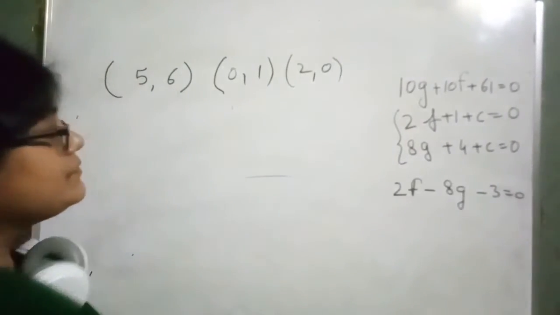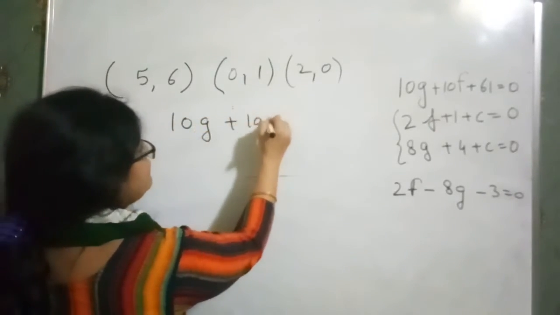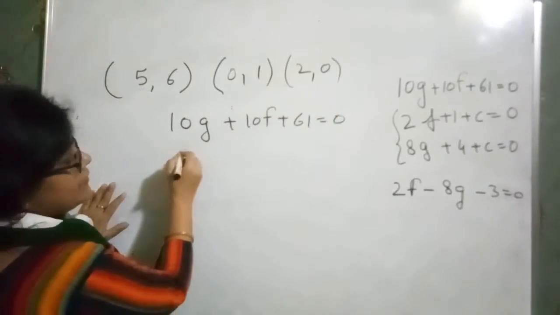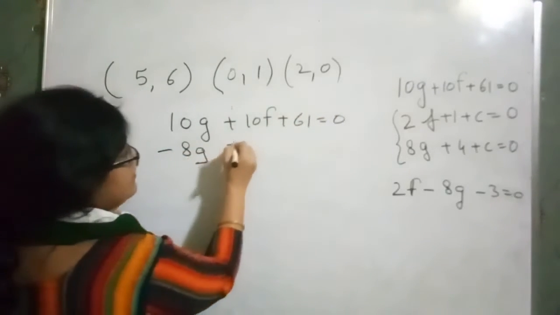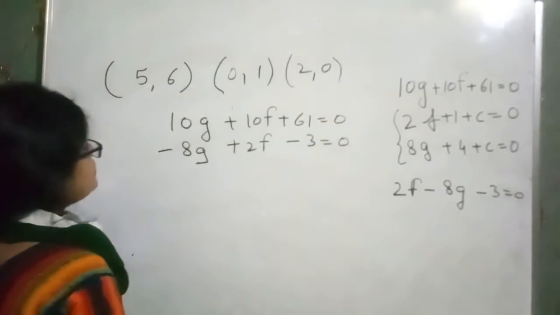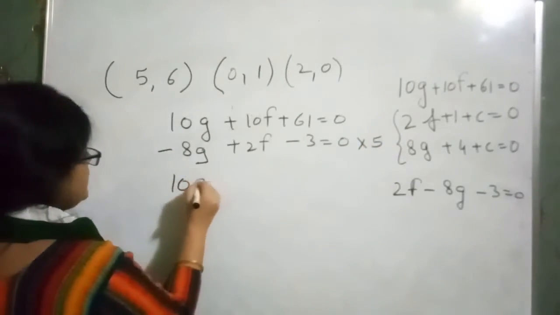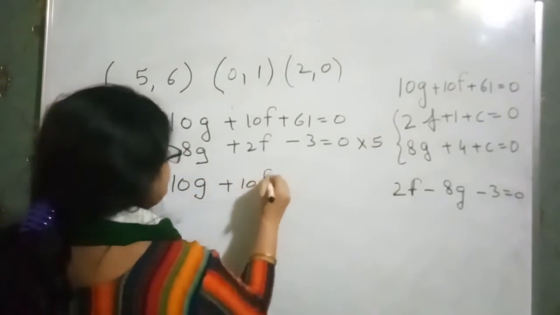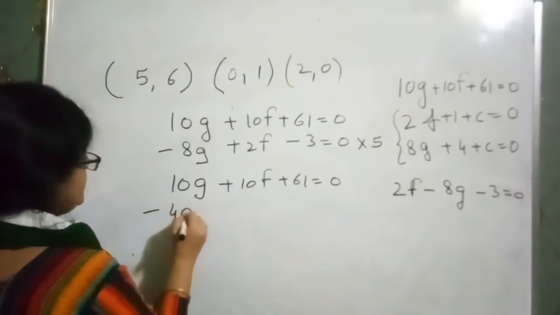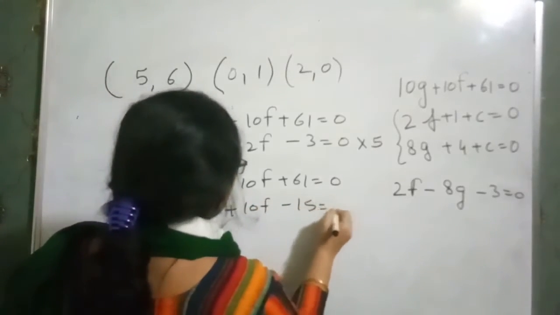We have 10g plus 10f plus 61 is equal to 0, and here we have minus 8g plus 2f minus 3 is equal to 0. So just multiply it with 5. We have 10g plus 10f plus 61 is equal to 0. 5 8s are 40g plus 10f minus 15 is equal to 0.